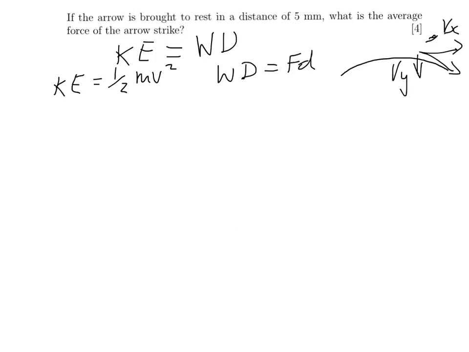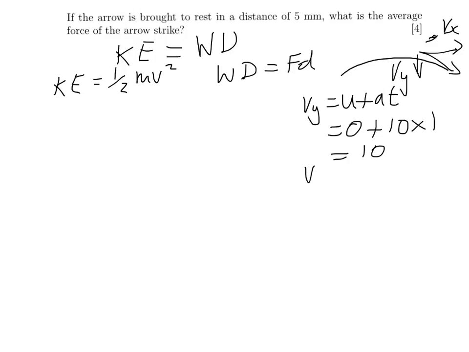We're going to use the fact that the arrow is falling, so we're going to be using u plus at. u is 0, plus at, so acceleration due to gravity times the time that it's falling for, which is 1 second.